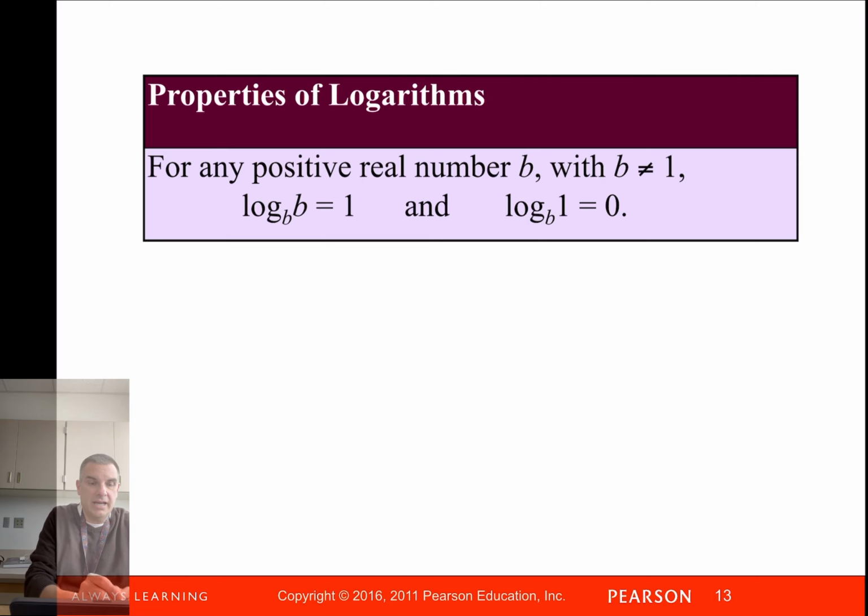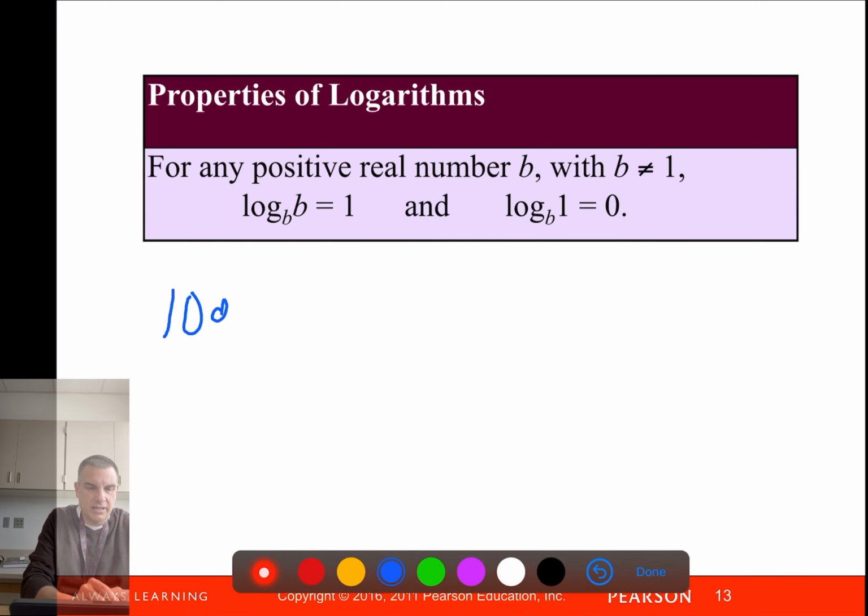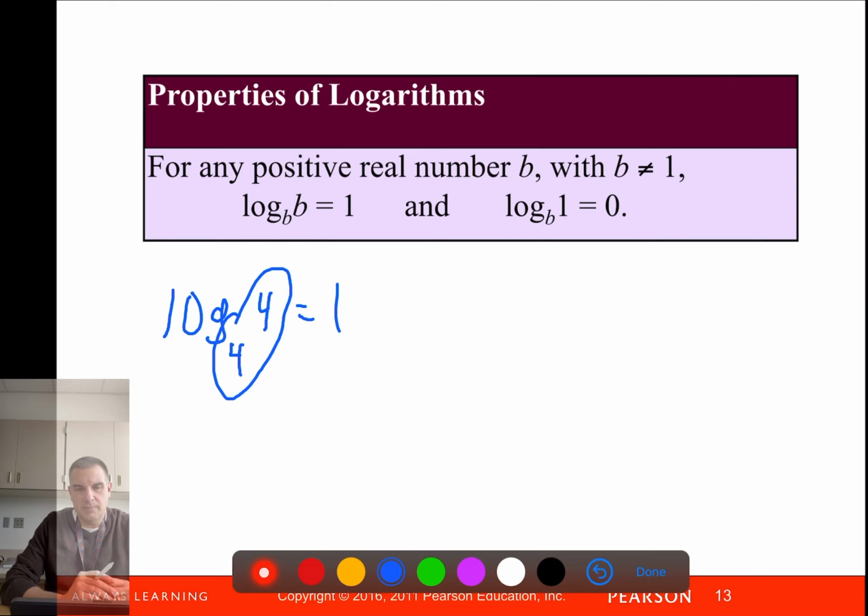Anytime you have log base b of b, that's going to equal 1. So if I have something like log base 4 of 4, that's going to be equal to 1. Anytime the base and the of are the same, it's going to equal 1. That's just what it always is. Something like log base 4 of 1 equals 0.